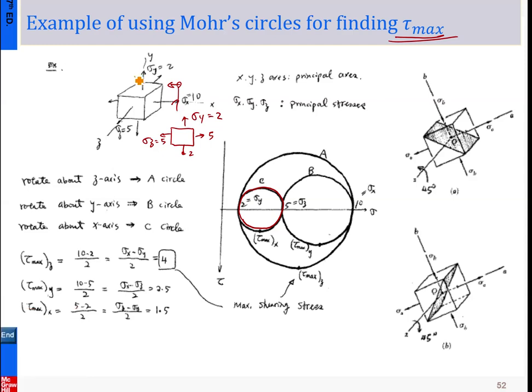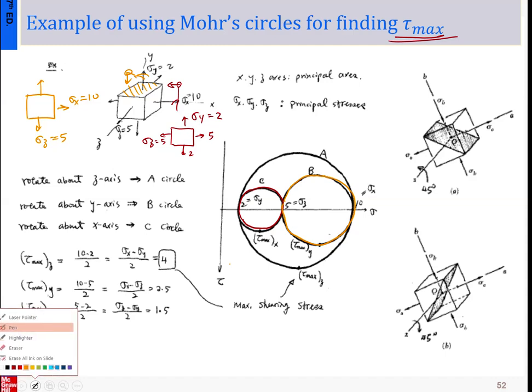From the y-axis, looking from this viewpoint, in front of you we are projecting this surface. This is sigma x equal to 10, and this is sigma z equal to 5. So 10 and 5 is the circle corresponding to this one.